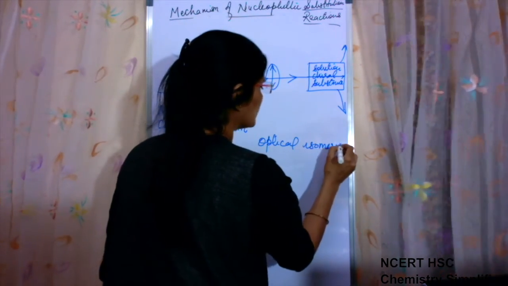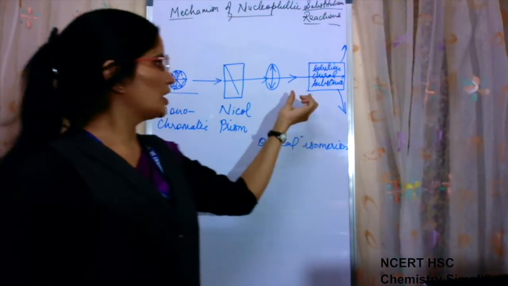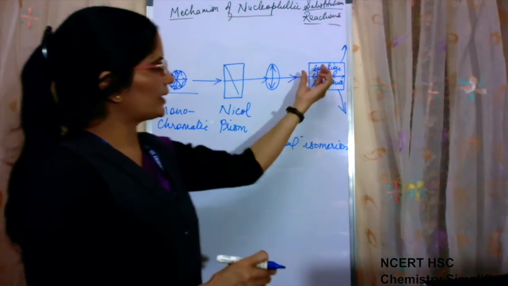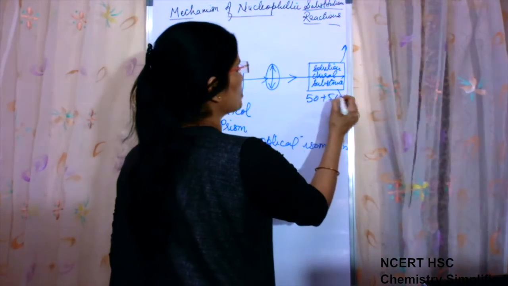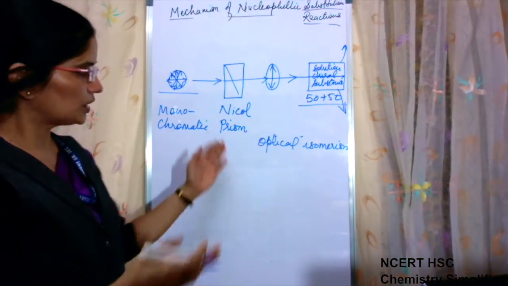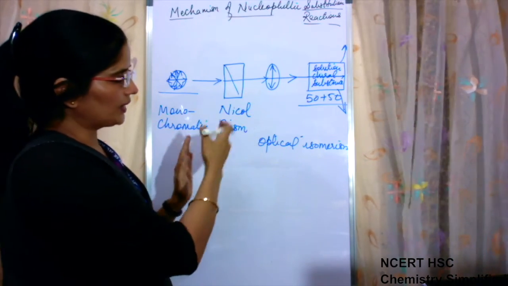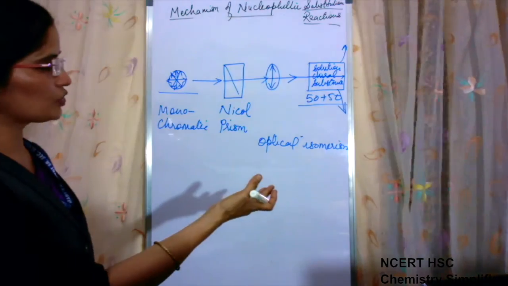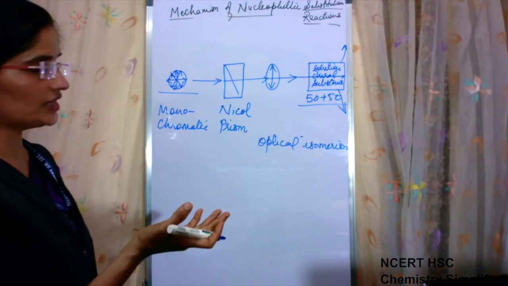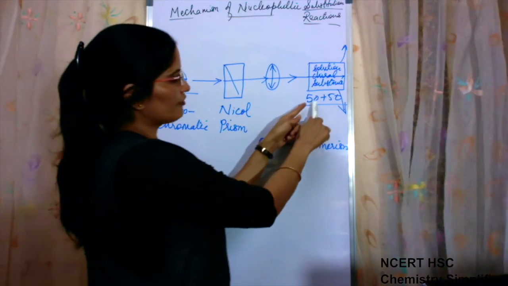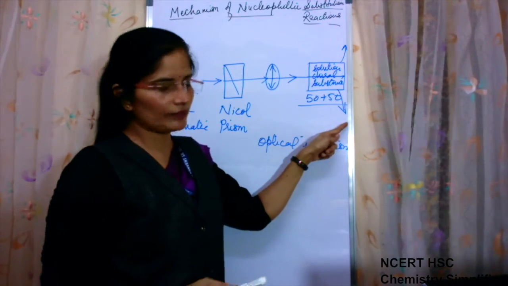isomerism. Now see, the solution of a chiral substance is taken here. Suppose this chiral substance has 50% of one isomer and 50% of the other, which are enantiomers of each other, meaning mirror images of each other. Then what will happen? 50% of the molecules will rotate the light to the left and 50% will rotate it to the right.